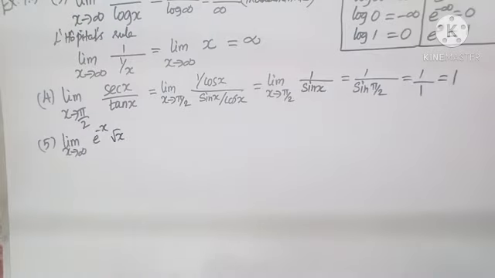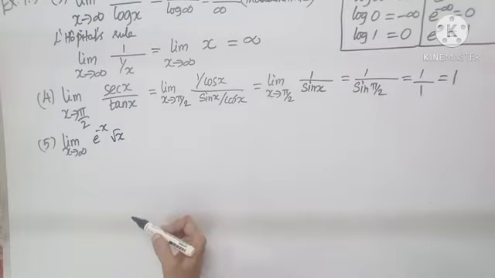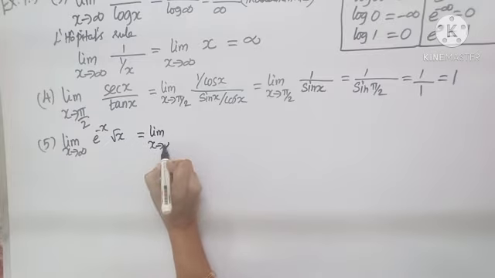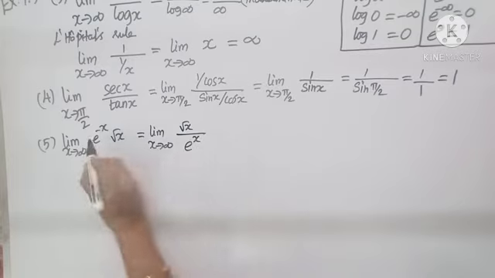Question number 5. Limit x tends to infinity, e power minus x into root x. So we have to write it as a quotient. Then only we can apply L'Hopital's rule. So the problem can be rewritten as limit x tends to infinity, root x by e power x.